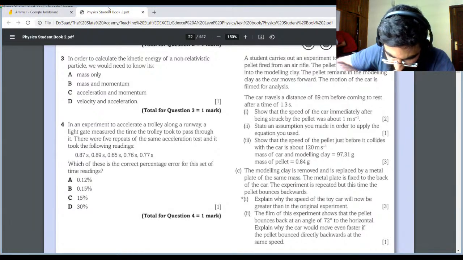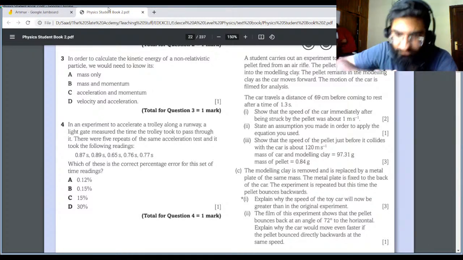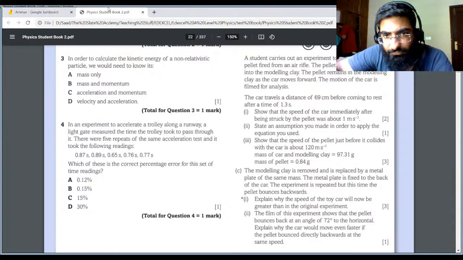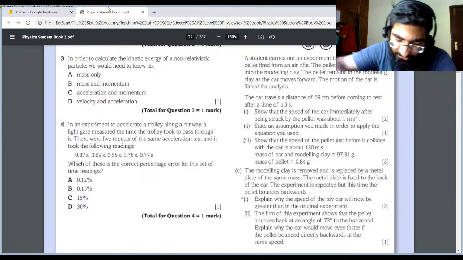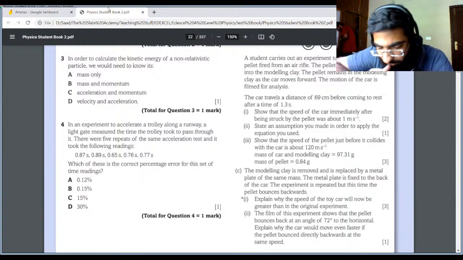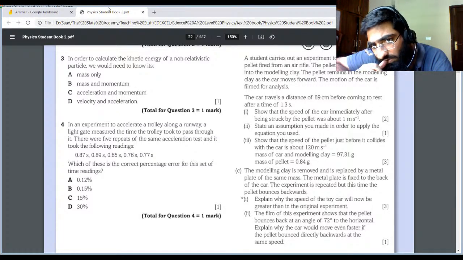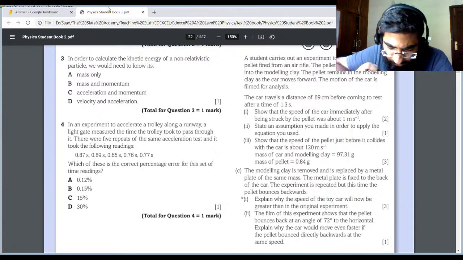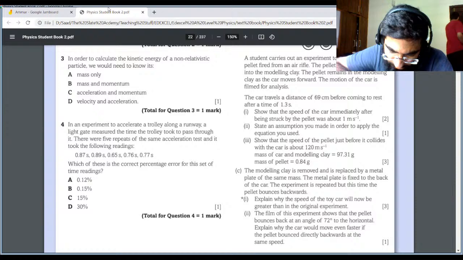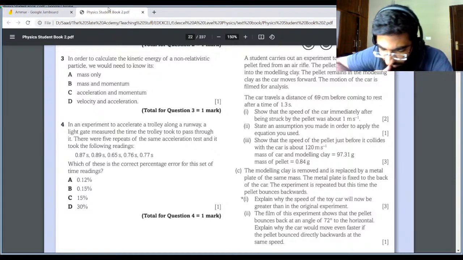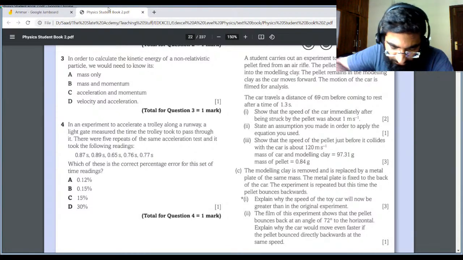Here U of the pellet we have to show, so let's put that as a question mark. And V of the pellet would be the same as the car, so it would be 1.